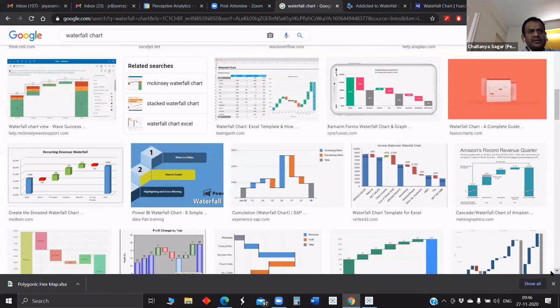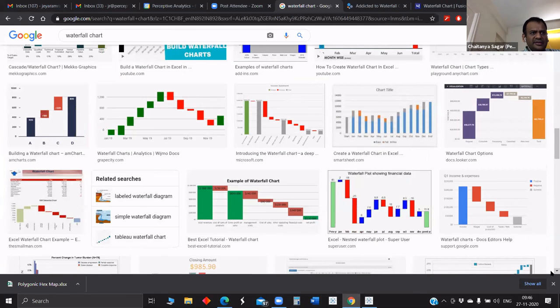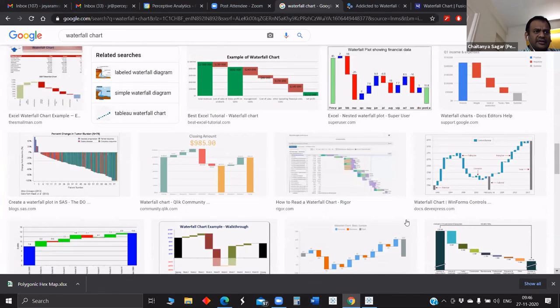All right. Anything you guys see, folks? Any new variants? This one is interesting. Look at this particular one. There was one interesting one.